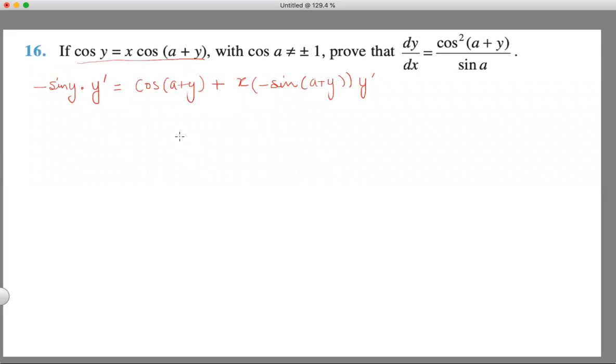Now what can we do? Yes, Vaibhav, what do you think we can do next?